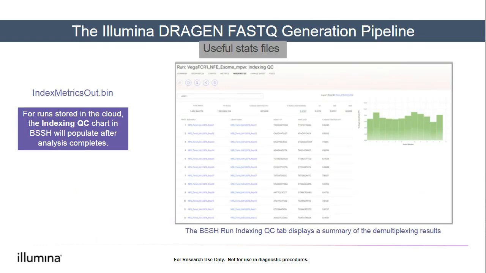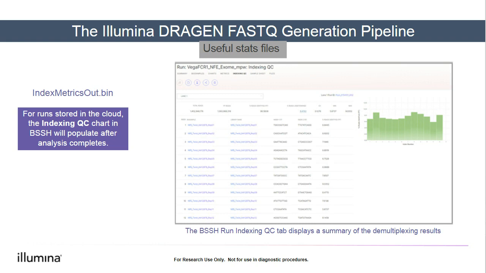Here is the IndexMetrics.bin file. This is a binary file which contains a summary of the demultiplexing results and is the output from the DRAGEN generate FASTQ workflow. The contents of the IndexMetrics.bin file are visualized either in BaseSpace's run indexing QC tab or in the Sequencing Analysis Viewer, also known as SAV.